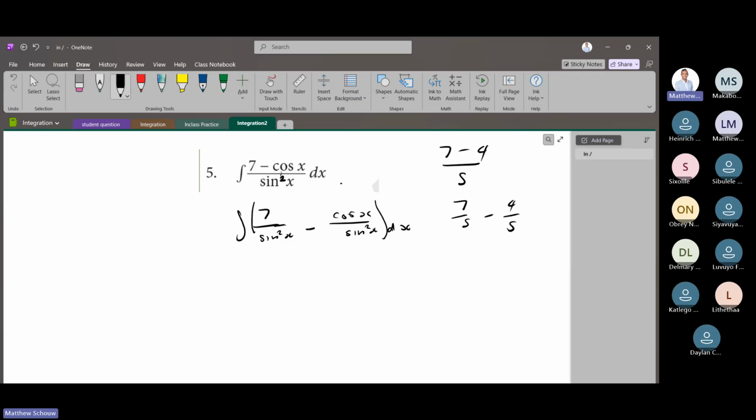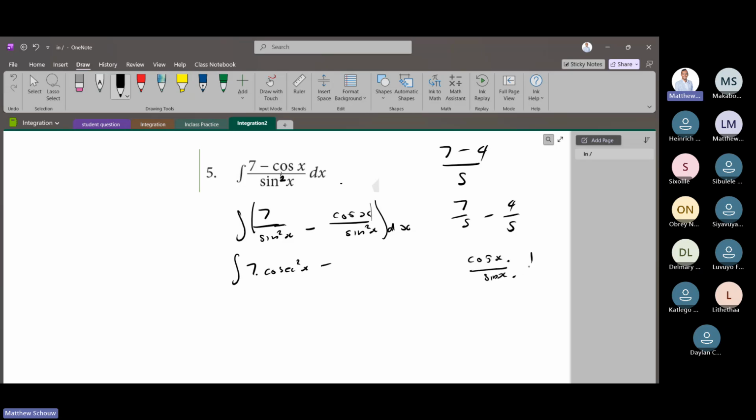Obviously, if you're familiar with your trigonometry, 1 over sine will give you cosec. So this will be cosec squared. Are you with me? You guys comfortable with this? This on this side is cos x divided by sine x.